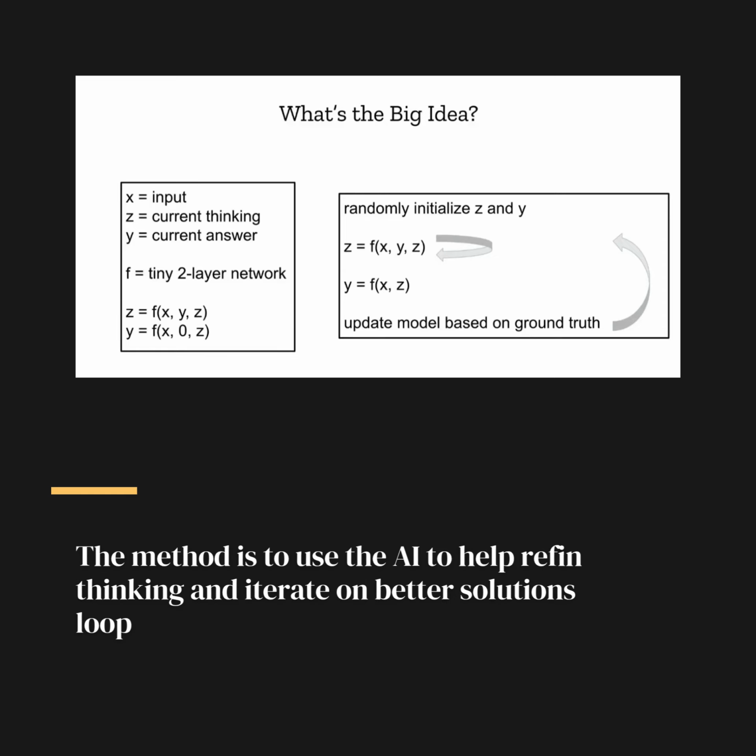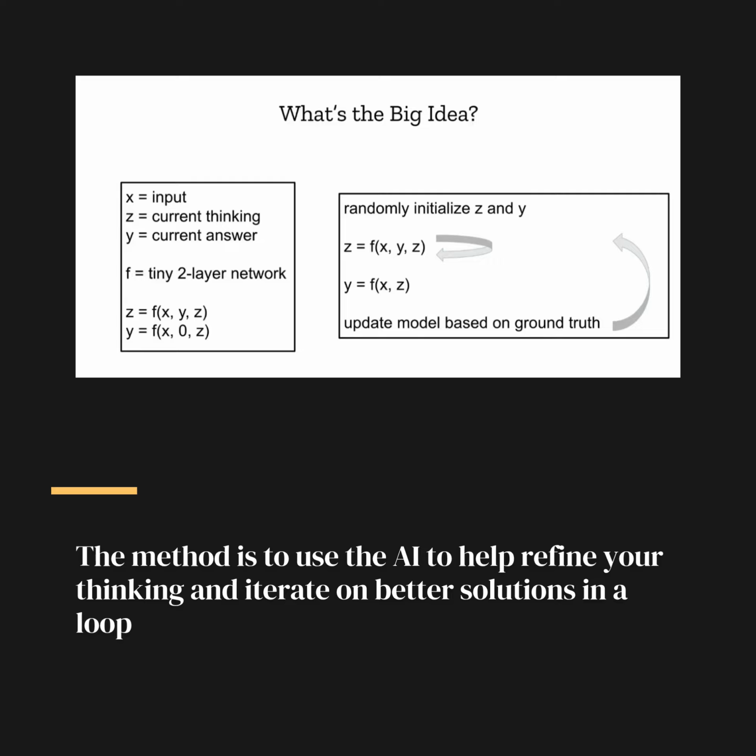So the way the method works is you just say, I don't know what the answer is. I don't really know what I'm thinking. I'm going to randomly initialize those. And so you go, all right, here's the problem. I got some random answer and some random thoughts. Give me better thoughts. How should I refine my thinking about the problem? And then you say, okay, given the input and my refined thinking, what should the answer be?